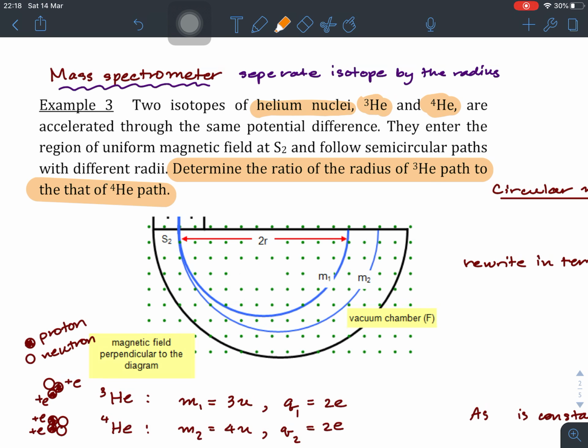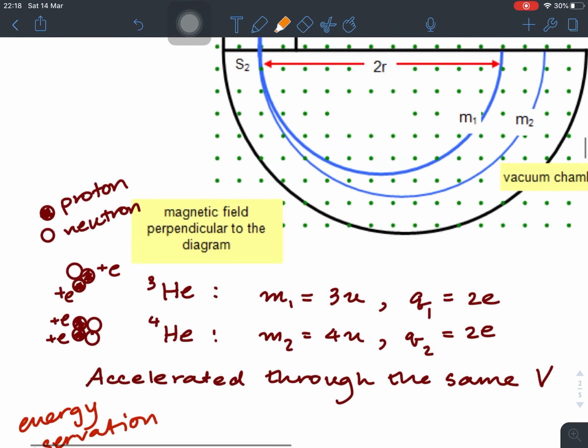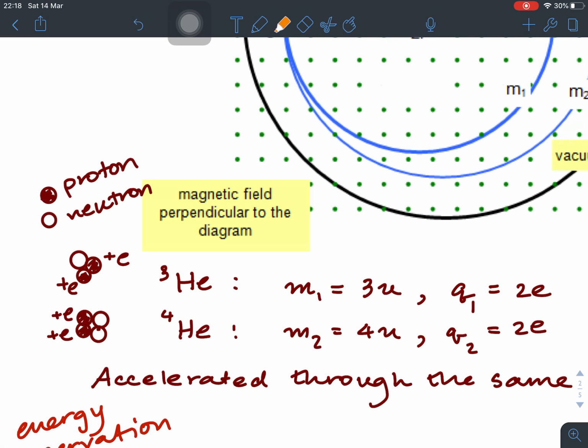Okay, so now let's see the properties of helium-3 and helium-4 first. We start with helium-3. Helium-3 consists of 2 protons and 1 neutron. Since it consists of 2 protons, the total charge of helium-3 is 2e. But when we consider the mass, we also need to consider the mass of neutrons.